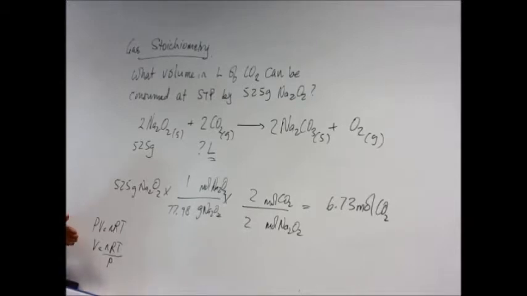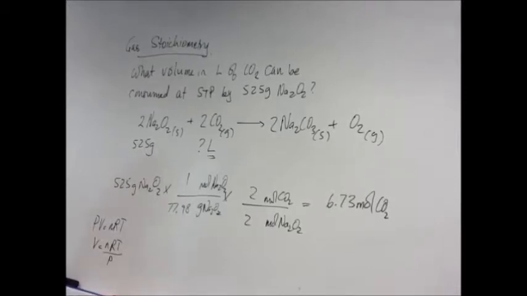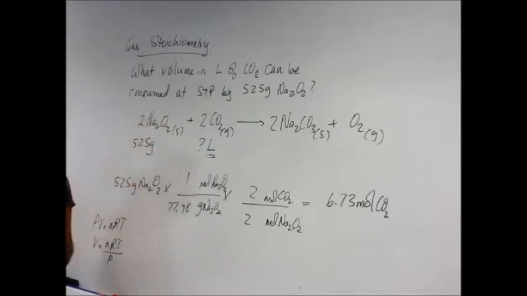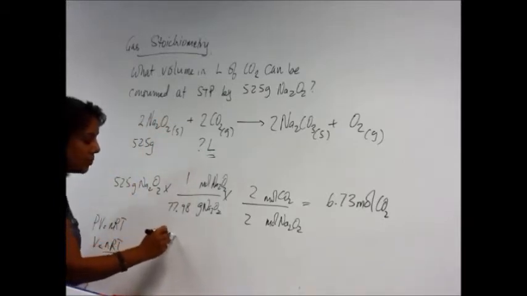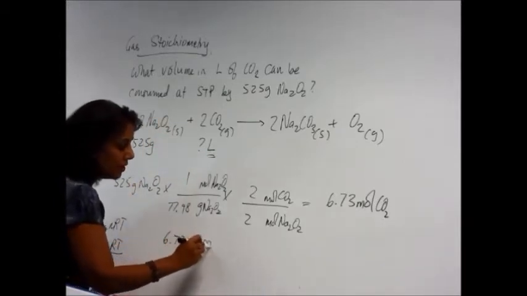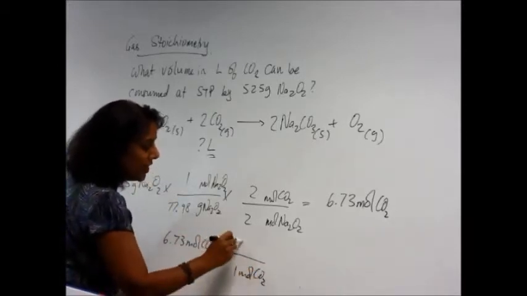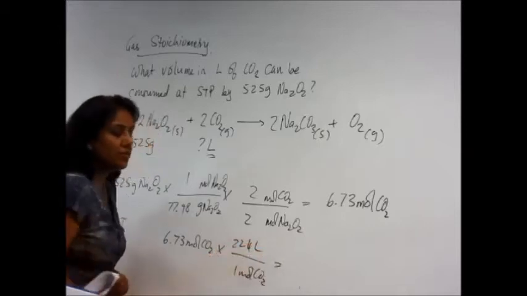However, the shortcut is that you're dealing with STP conditions. At STP, 1 mole of gas occupies 22.4 liters. I don't know how many times we're going to say this today. And we have 6.73 moles of CO2, and 1 mole of CO2 will occupy 22.4 liters of gas.